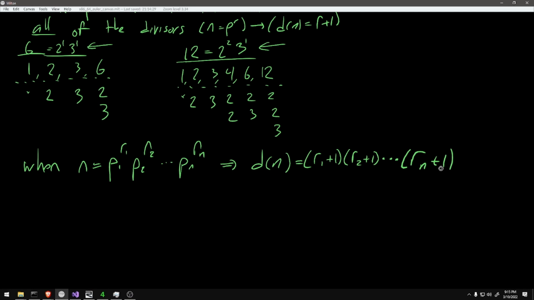And that gives us a way to compute d from n without having to scan all the numbers between 1 and n.